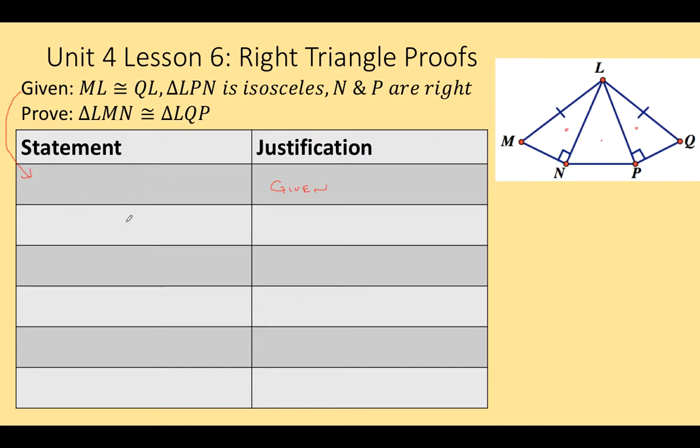Well, first of all, we know that we've got right triangles. We know they're both right triangles, and so let's go ahead and say that. We'll say triangle LMN and triangle LQP are right triangles. How do we know that?